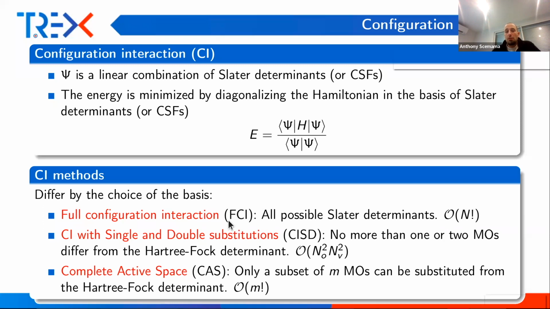Now if you take the full CI and remove everything that has excitations out of an active space, then you get the complete active space. So it's very important to understand that complete active space, CISD or CISDT are all different subsets of full CI.